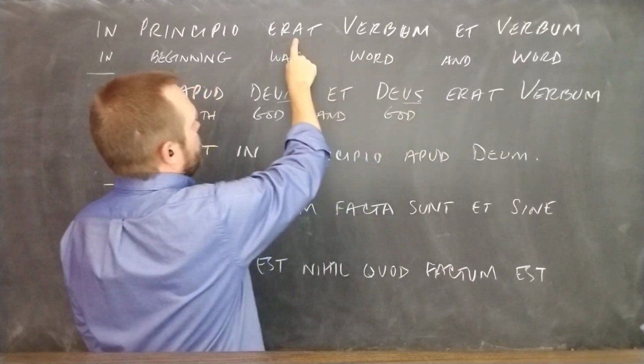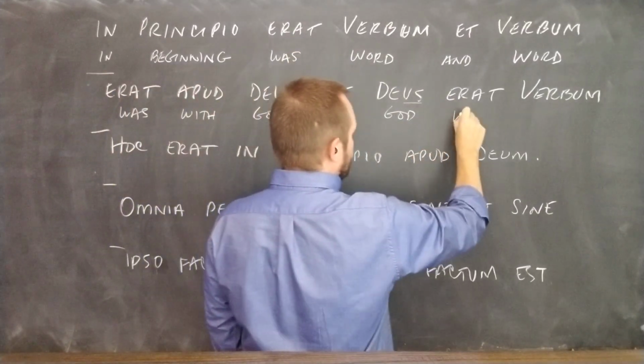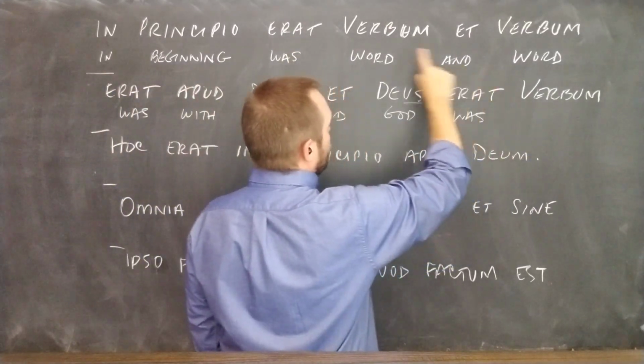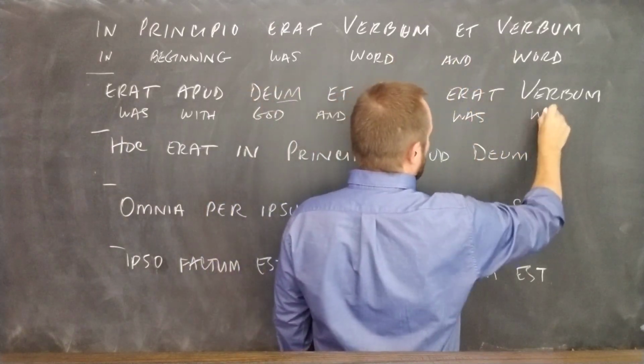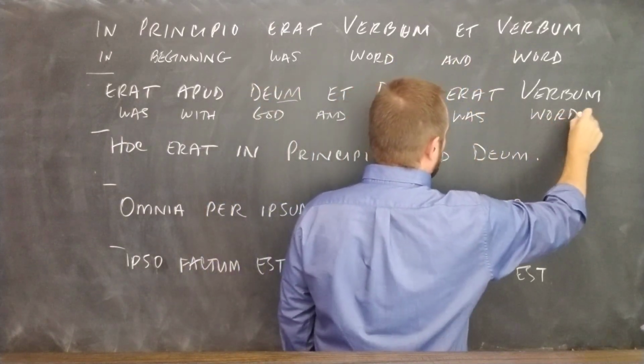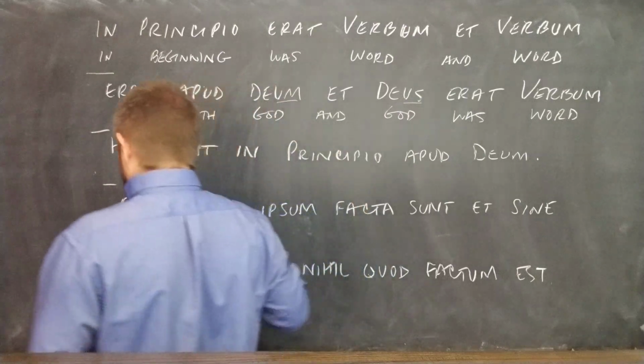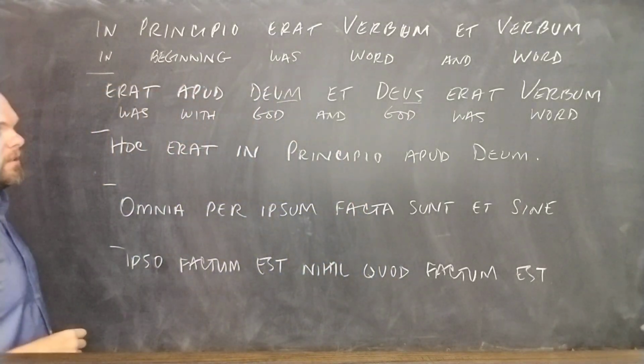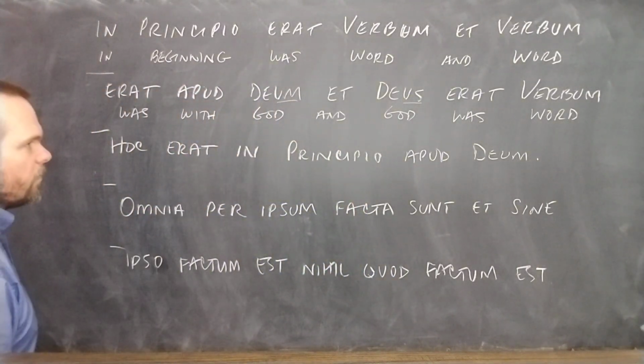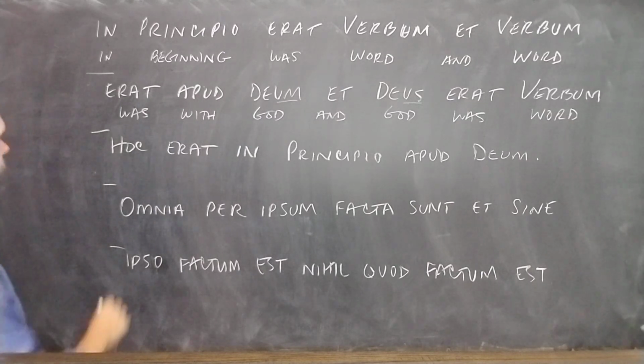Erat, we already saw that twice. It means was. And verbum, we've already seen that twice. That means word. And I'm just going to keep going using the exposition to work word by word through the Latin text.